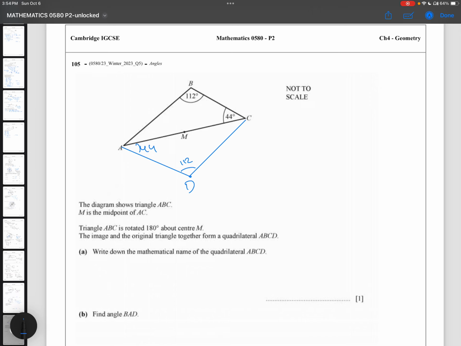In this quadrilateral the opposite angles will be equal, so this quadrilateral is a parallelogram. Because angle CAD is 44 and angle ACB is 44, we can think of AC as a transversal and AD is parallel to BC. That's why they are equal. Now this is a transversal between the parallel lines.